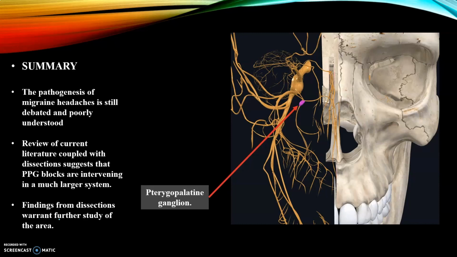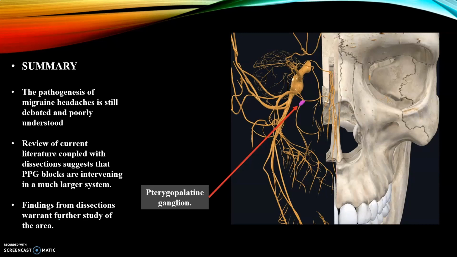So, with the review that I conducted and the dissections that I conducted, and the growing evidence that we're maybe not even blocking the ganglion itself, but maybe just blocking the nerve fibers that are traveling below the nasal mucosa where they're applying a lot of those blocks, I think that the reason that it's likely still working is because this is just such a large, complex system. So you may not need to actually numb and block the entire ganglion itself, but maybe just stop some of this excitatory cell signaling that is going around and around.